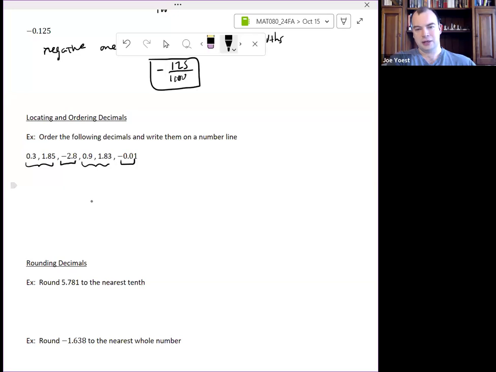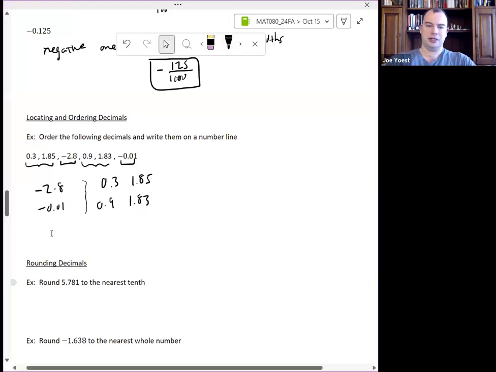So I know that the negative 2.8 and the negative 0.01 are going to go to the left. I'm not writing these in any particular order. I know that these four numbers are all positive, so they're going to go to the right. They're all going to be bigger than those two that are negative.